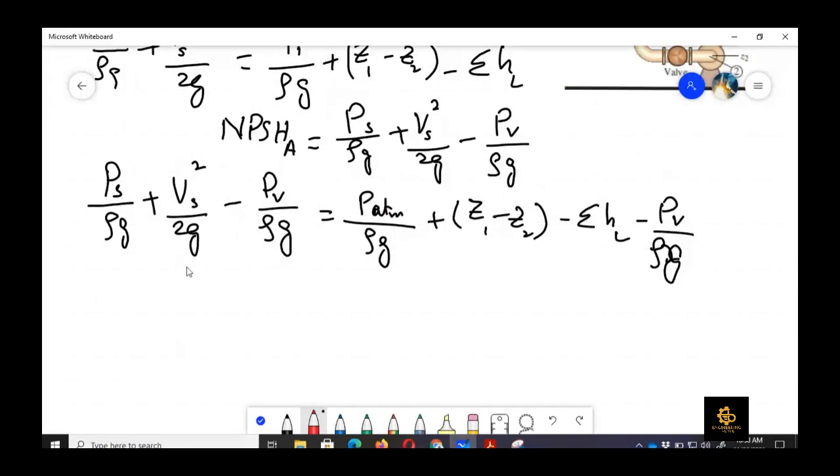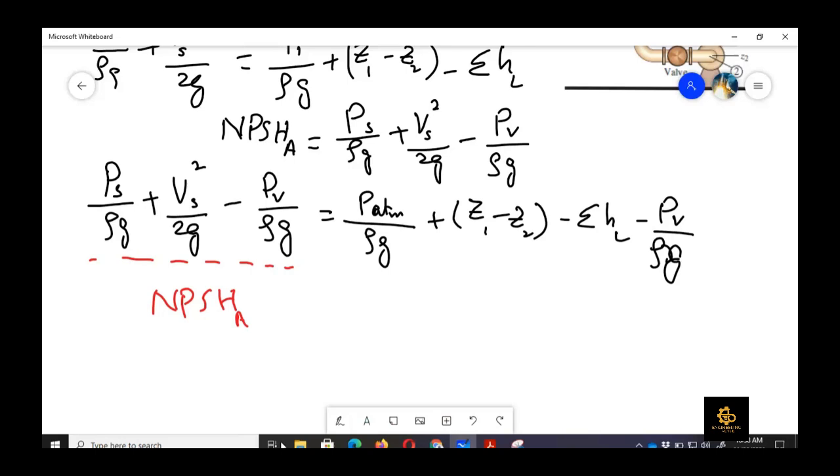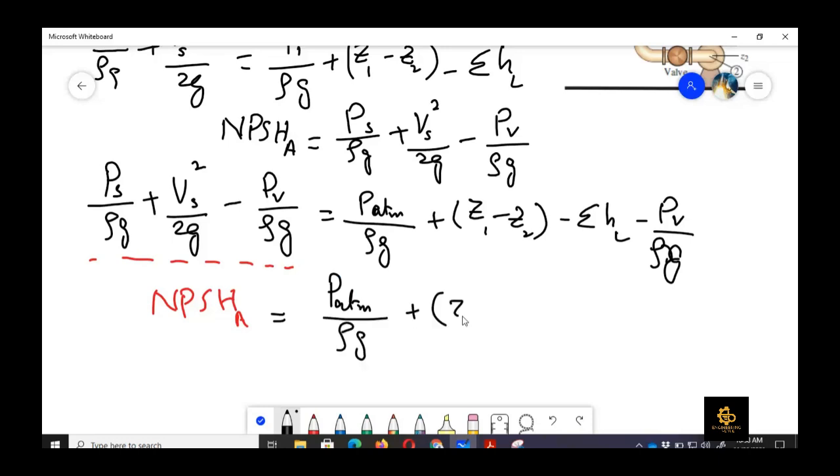It would be this whole term. This would be equal to NPSH available, and then here we have again P atmospheric divided by rho g plus Z1 minus Z2 minus HL minus PV upon rho g.